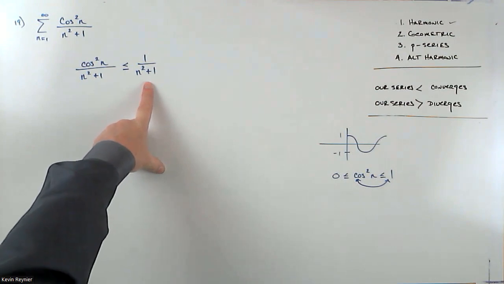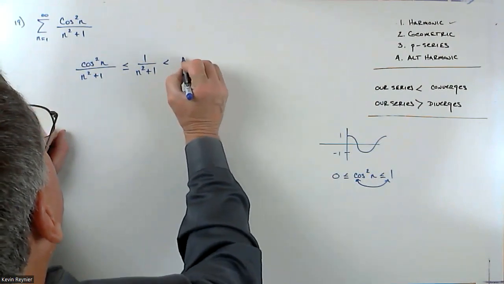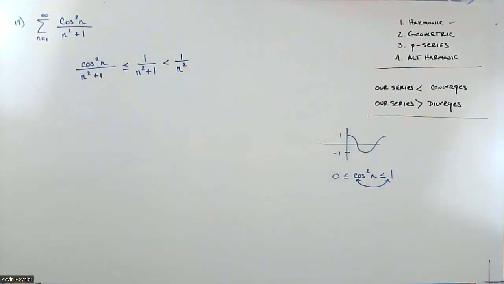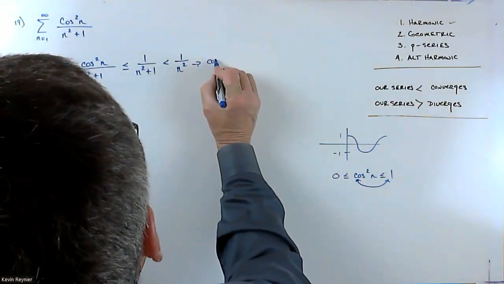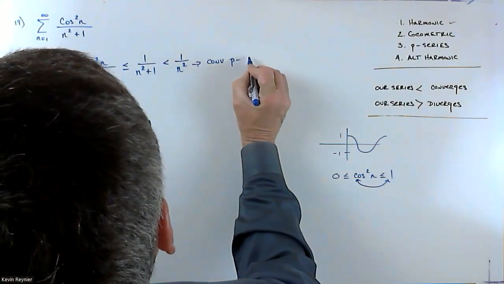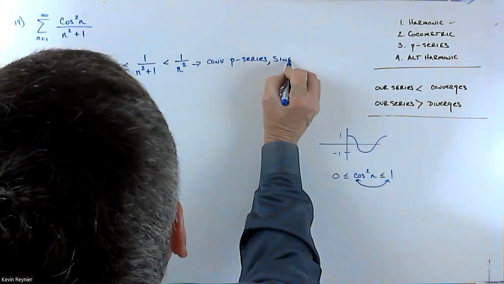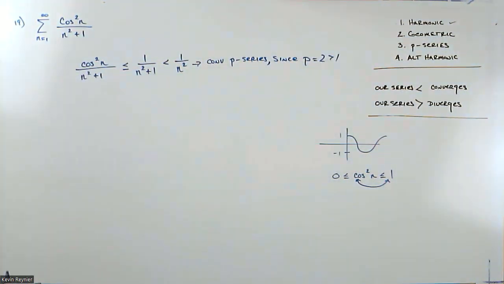We've made it smaller by adding something to the denominator. This is less than this. And that's our friend, the convergent p-series, right? This is a convergent p-series, since p equals 2, which is greater than 1.